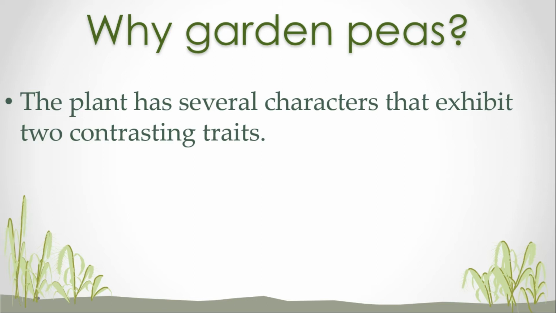So, walang halo. And another, meron yung flower color niya, ang meron lang is purple and white. Yun lang ang talagang ma-observe nyo sa plant na yon. So, maganda siyang pag-aralan, kasi ma-determine nyo kung ano yung magiging next na traits sa next na generation.